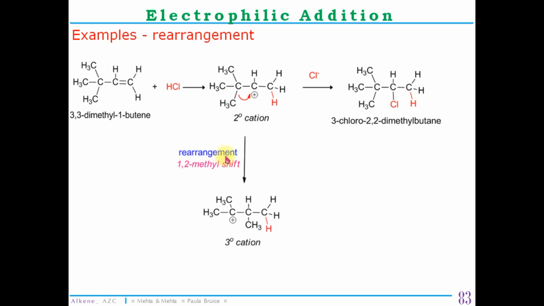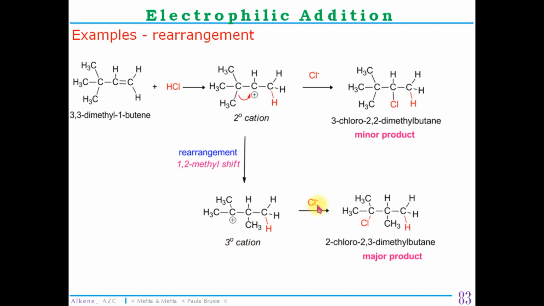This is rearrangement where there is a 1,2-methyl shift, where shifting of this methyl group from quaternary carbon to carbocation results in formation of tertiary carbocation, which is more stable than secondary carbocation. So rearrangement happens from less stable to more stable carbocation.